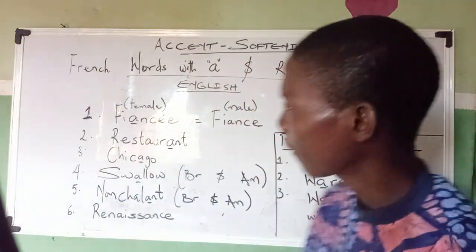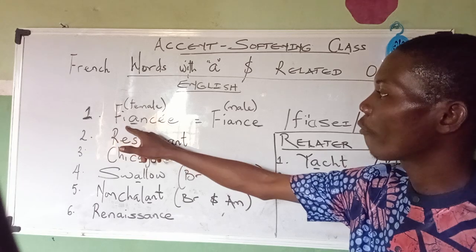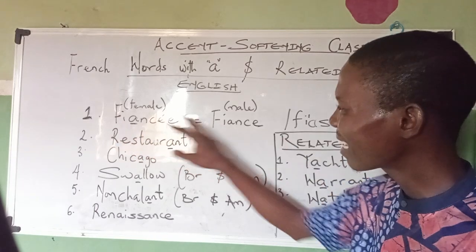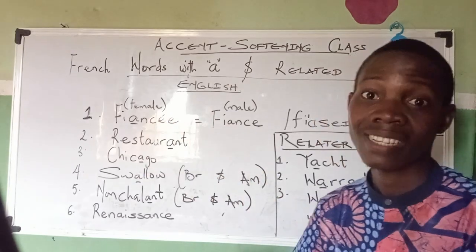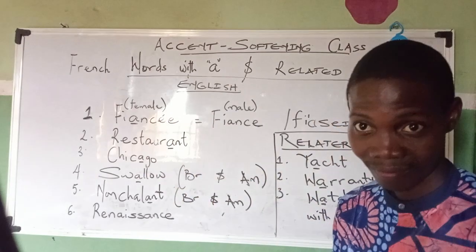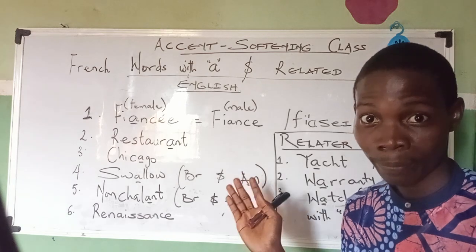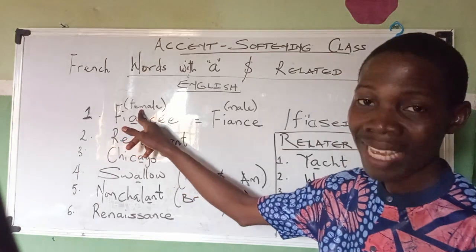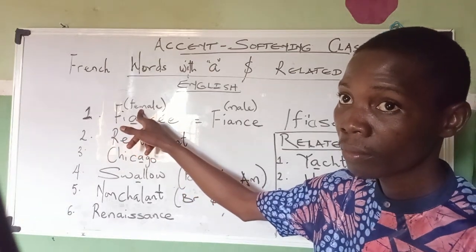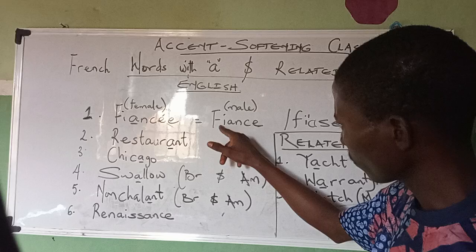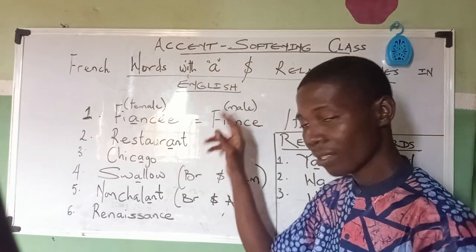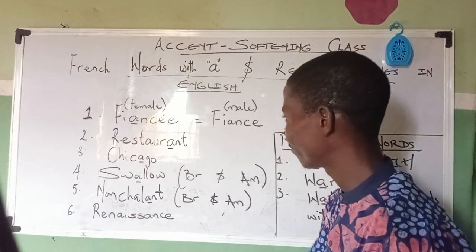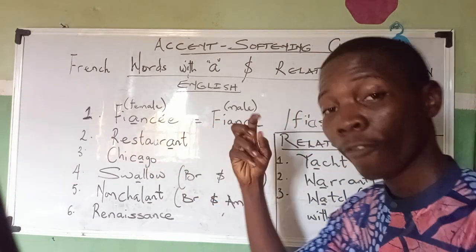Number one, we have the word fiance, fiance. What makes the two words different is just the gender, the sex, simple. While fiancée with a double E means the female, the one with a single E means the male. But you still pronounce both the same way, fiance.